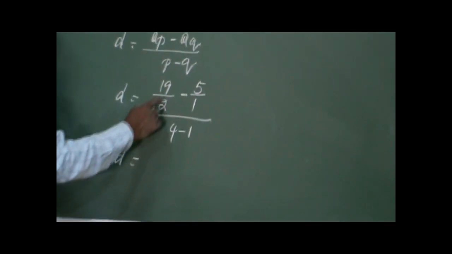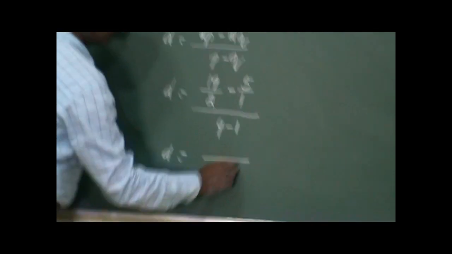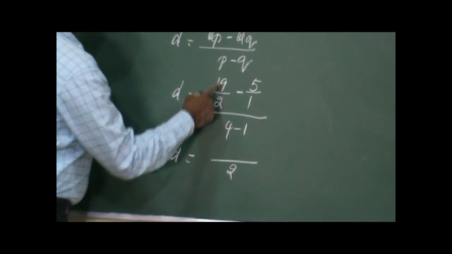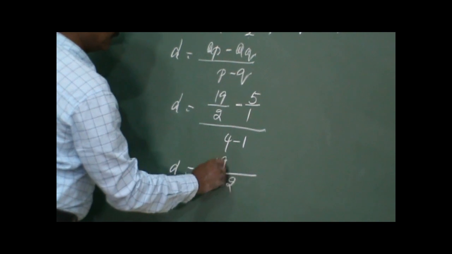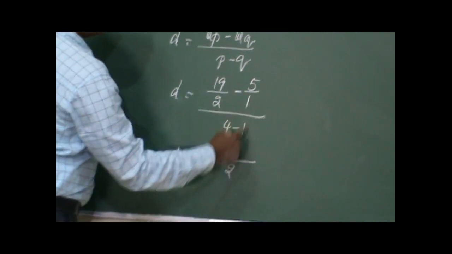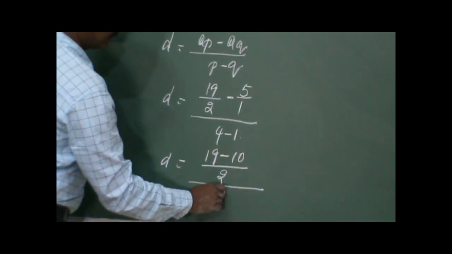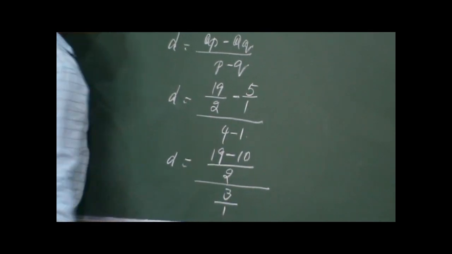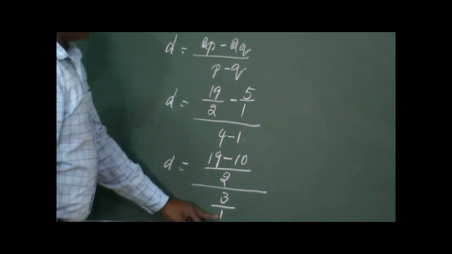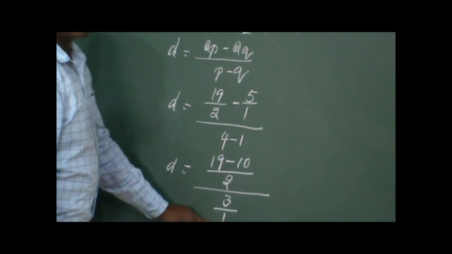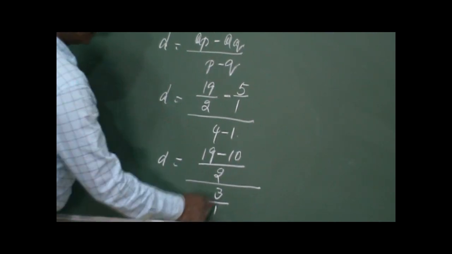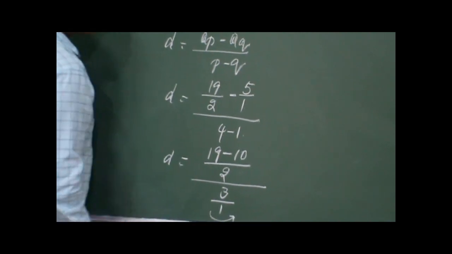So D is equal to, take the LCM for 2 and 1. So 2 becomes the LCM. 19 by 2 into 2 is 19, minus 5 by 1 into 2 is 10, by 4 minus 1 is 3. Consider that we have 1 as the denominator for 3 because 3 is a rational number. Take 3 by 1 and its reciprocal.